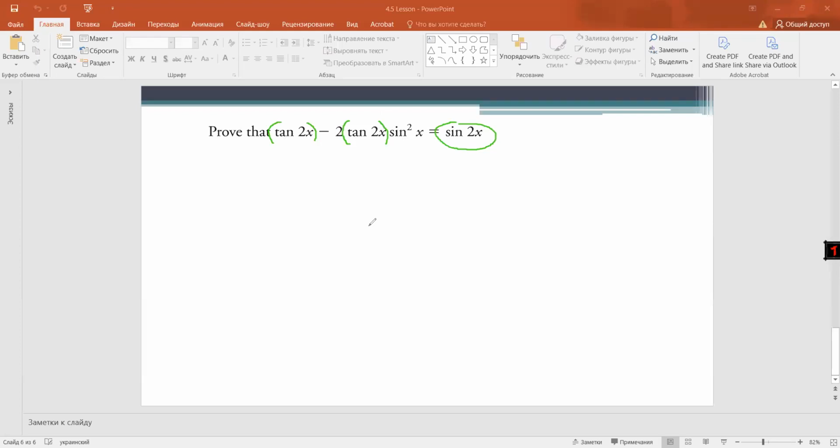What else do we have in here? Sine squared x, not really an identity by itself, but part of other identities. So let's start by opening tangent of 2x.